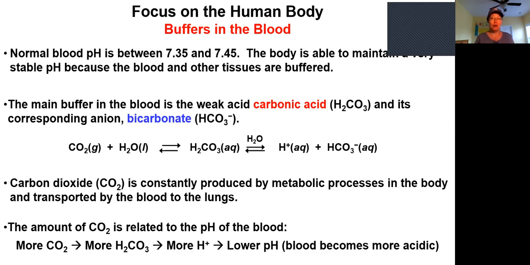If you have more carbon dioxide, that reacts with the water and makes more carbonic acid. More carbonic acid can break apart into more hydrogen ions. More hydrogen ions, as we saw on the pH scale, equals a lower pH. It's more acidic. I need to make sure that I keep the right amount of carbon dioxide in my blood.